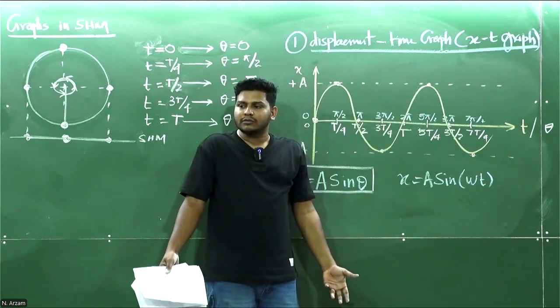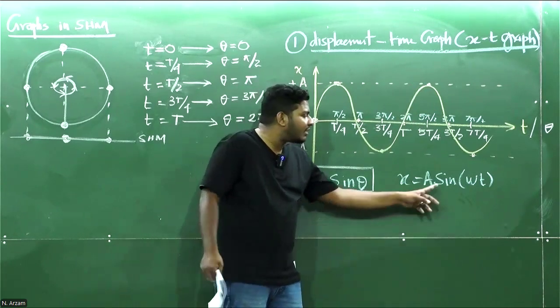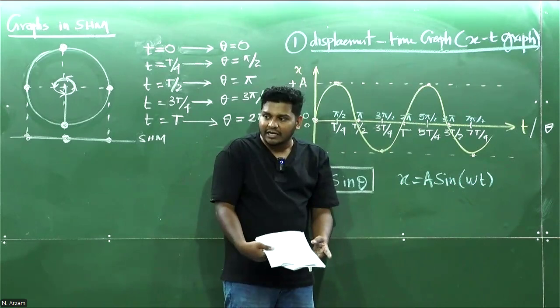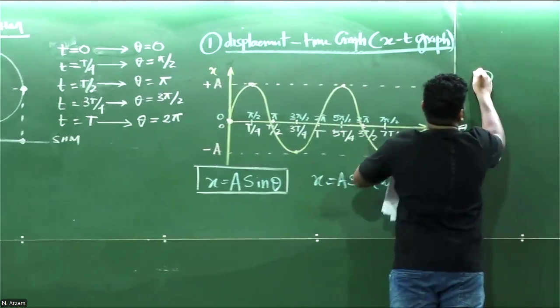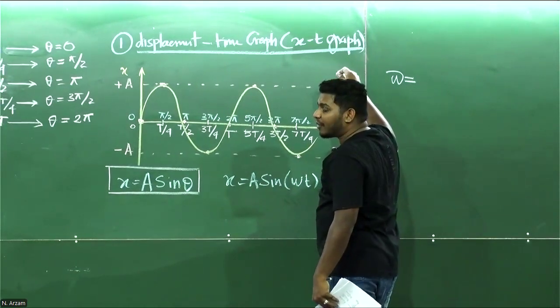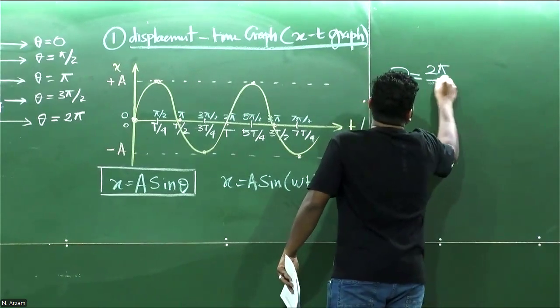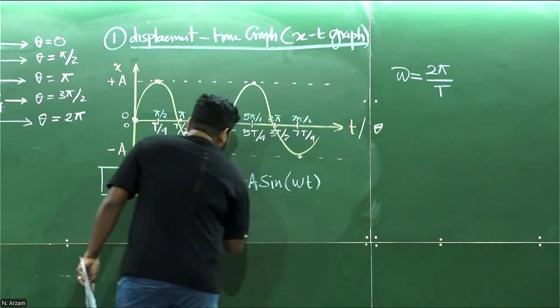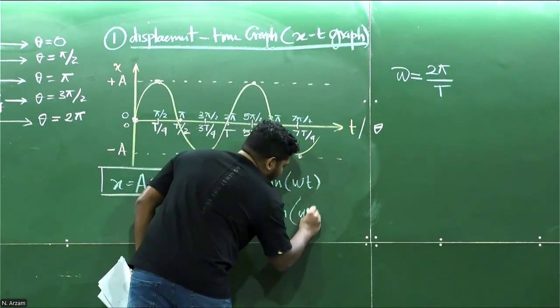So now what do we want to do? What is the next step? How can we calculate the sine values here? It's hard, no? Look at this one. Can you tell me what omega is equal to? T is equal to 2 pi over omega, so omega is equal to 2 pi over T. Now X is equal to a sine omega t.